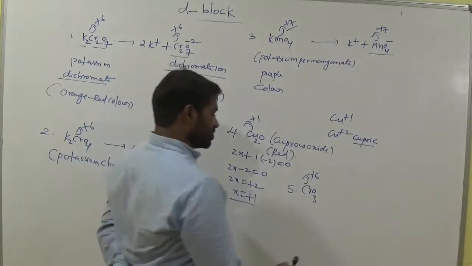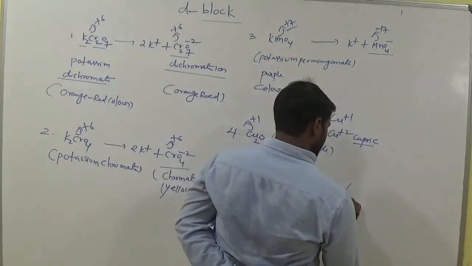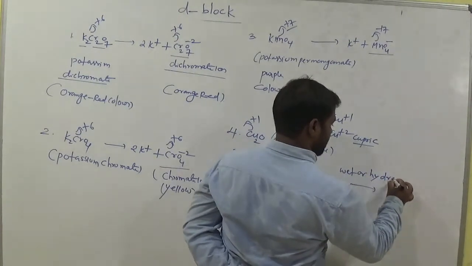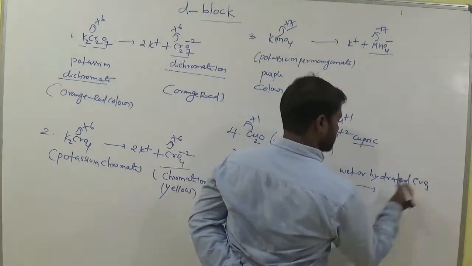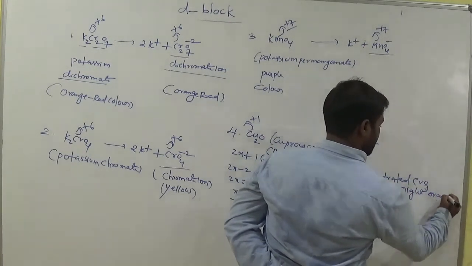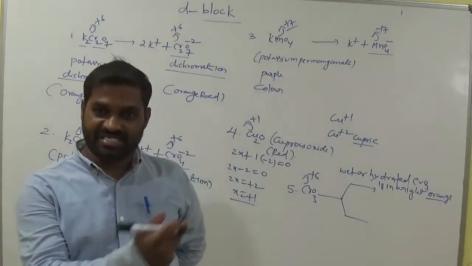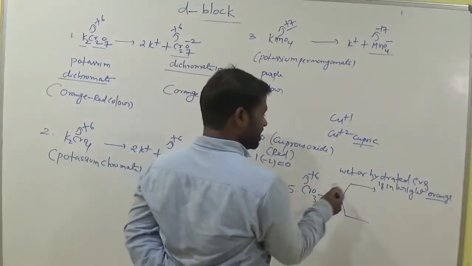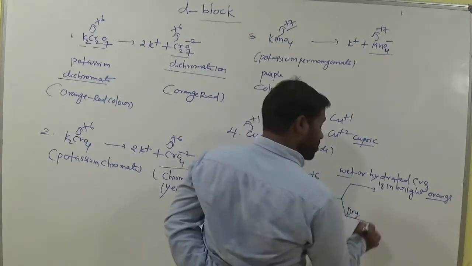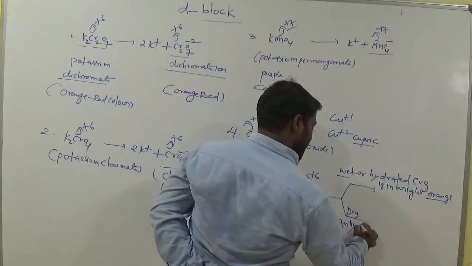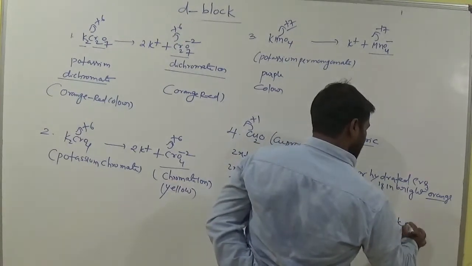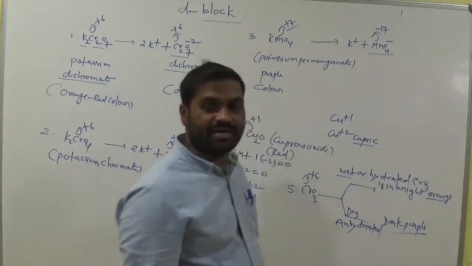So remember, wet or hydrated CrO3, that means in the presence of water, is bright orange in color. When it is dry, without water, that is anhydrous, it is dark purple in color.